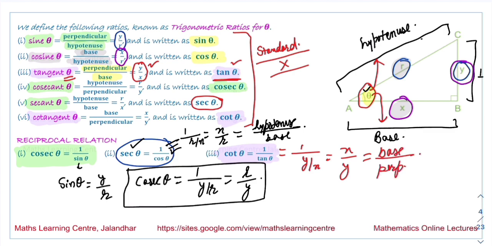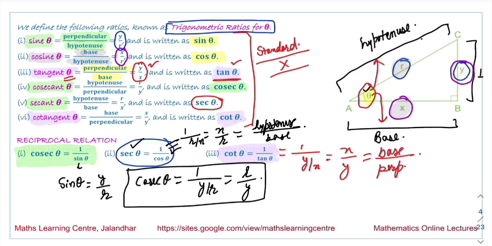So this is the definition of cotangent theta, or cot theta. These are the definitions related to the trigonometric ratios that you have to remember and learn.